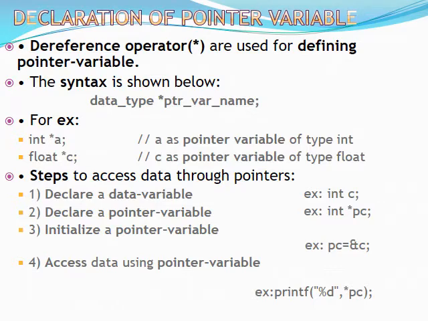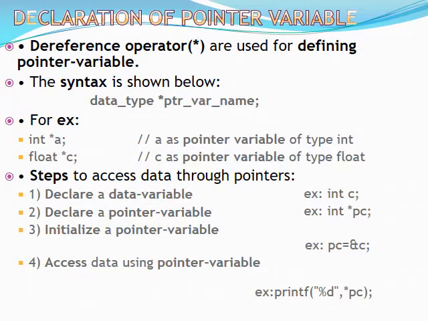In this slide we are going to see how to declare a pointer variable. The syntax to declare a pointer variable is the same as a normal variable, with one additional attribute, that is star, or you can say the multiplication operator. The syntax is data type followed by a space, followed by a star symbol, followed by the pointer variable name.